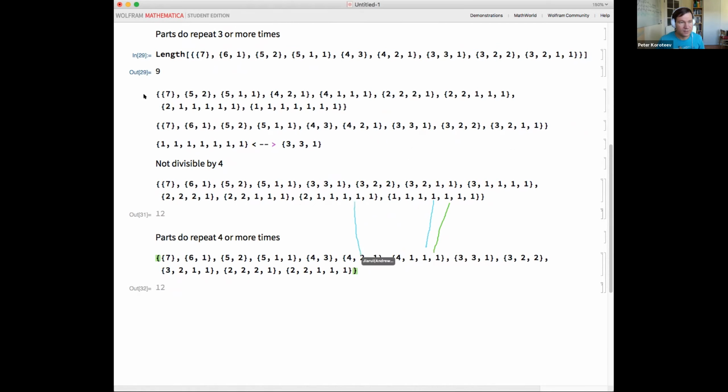So 4, 1, 1 goes to, just take it like this, 4 plus 1, 1, 1. Here there's also 4 to 1.